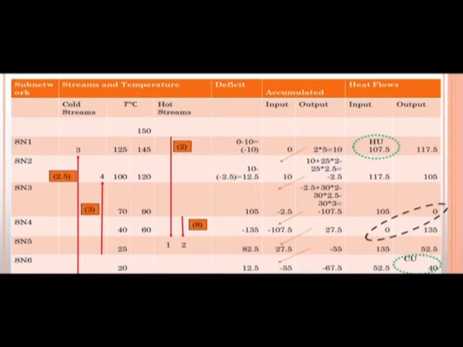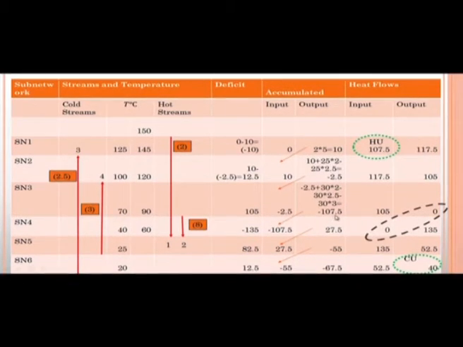But when we are considering heat transfer from the upper subnetwork to the lower subnetwork, we should not violate the second law of thermodynamics either. So, negative output is not allowed. If negative output is not allowed, then our input has to be changed.